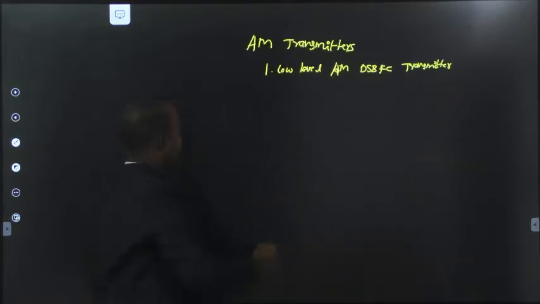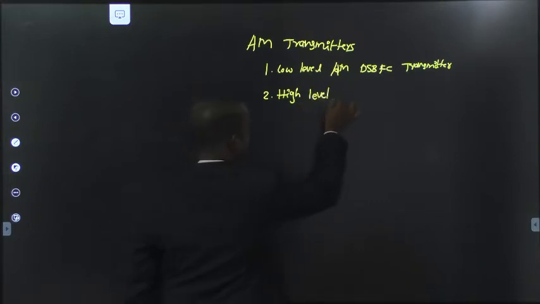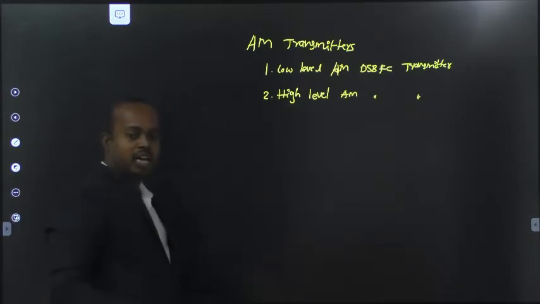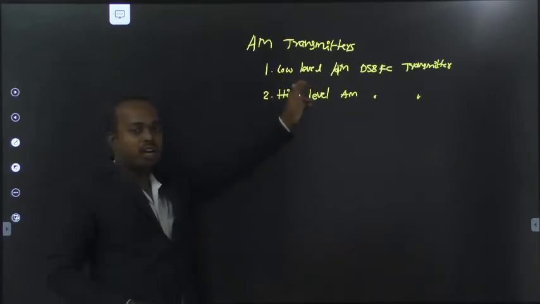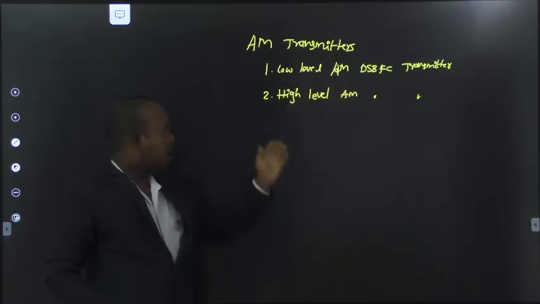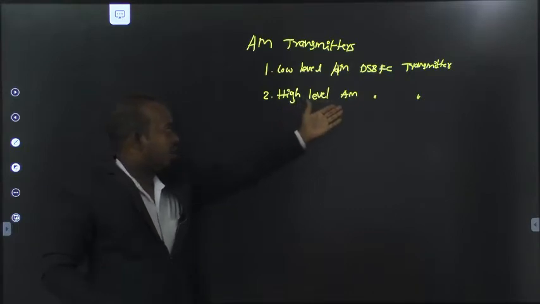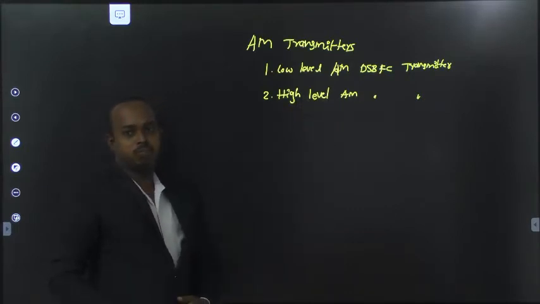And the second category is the high level AM DSBFC transmitter. We are mainly having two types of AM transmitters: one is a low level AM DSBFC transmitter and the second one is a high level AM DSBFC transmitter.